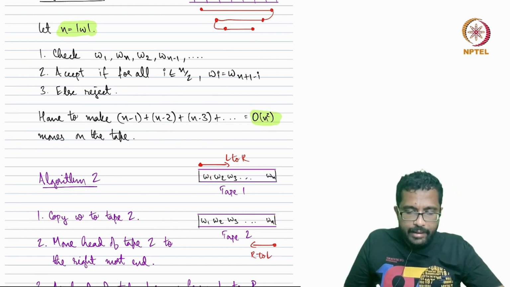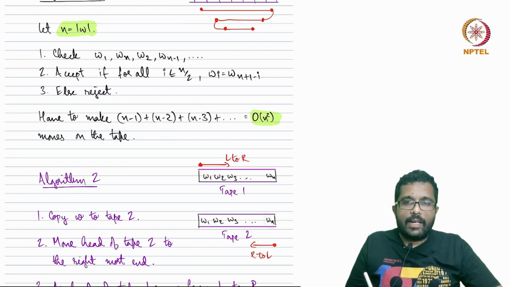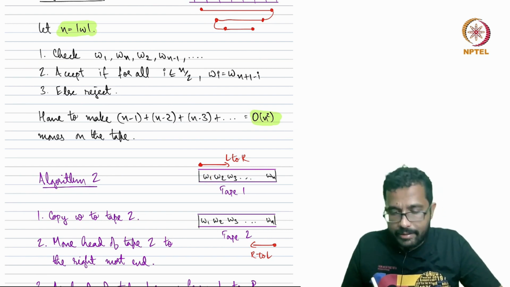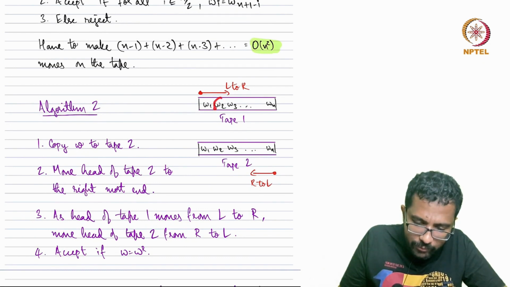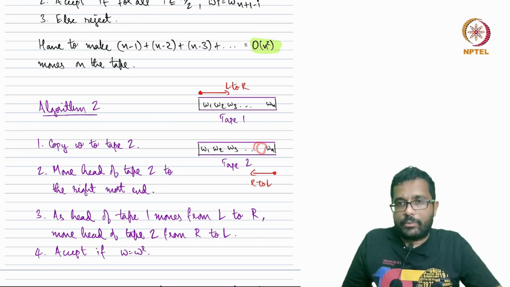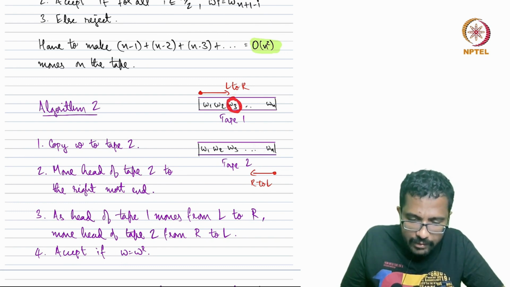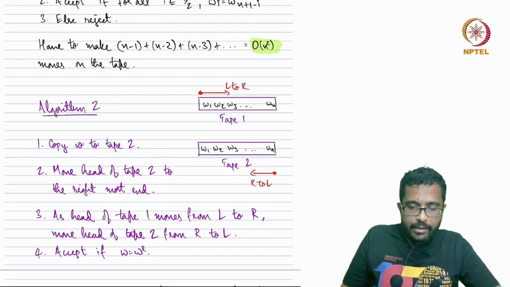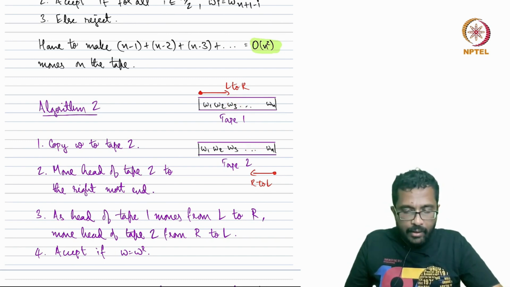Because the tape 1 head will be reading W1 and the tape 2 head will be reading Wn. If they are the same, we proceed; if not, we reject. Then the head on tape 1 reads W2, while that on tape 2 reads Wn-1. If that is also the same, we go to the third symbol from the left on tape 1 and the third from the right on tape 2, W3 and Wn-2, and so on.